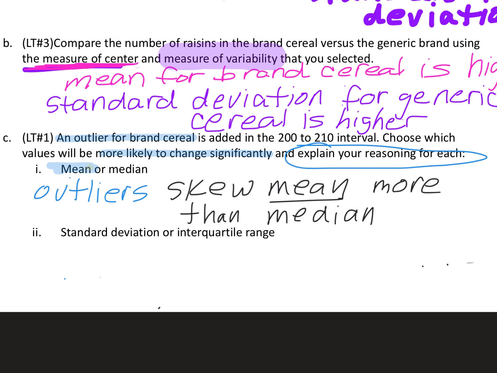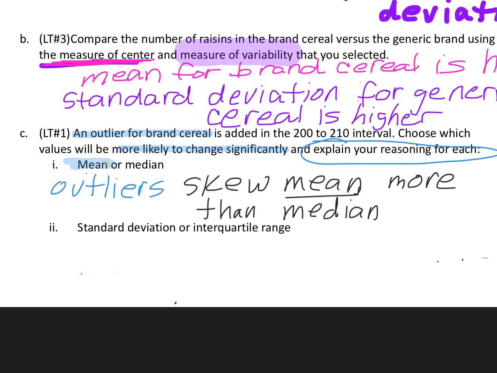Because the median is mostly going to be in the middle, whether you add an outlier or not. Sorry, I realize my handwriting is not the best here. So again, for your reason, outliers skew the mean more than the median.